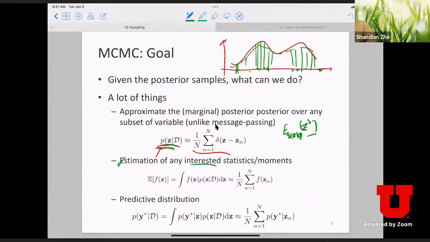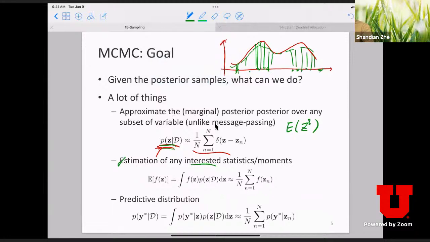I mean, if I want to calculate the expectation of some function of the latent random variable, say z cubed, what's the expectation of that?